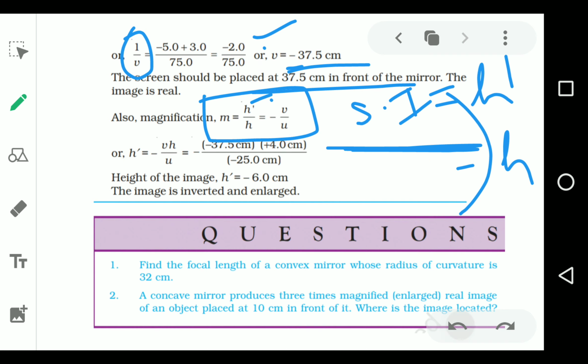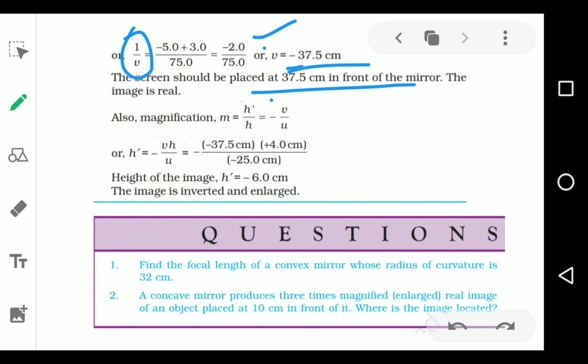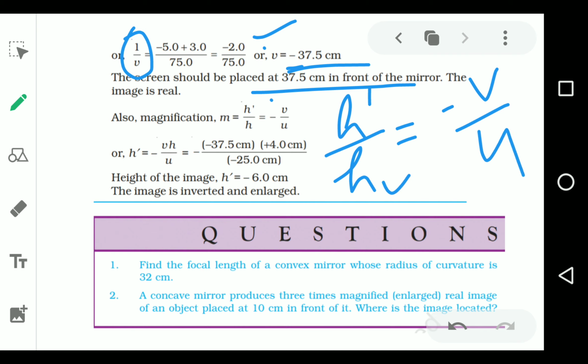So put all the values. v you have found out, u is already given, h is already given, and h dash you need to find out. So what is the equation? h dash by h equals minus v by u. Here h is given, that is 4 centimeter, v is found, u is given.